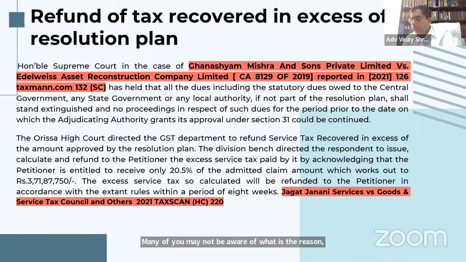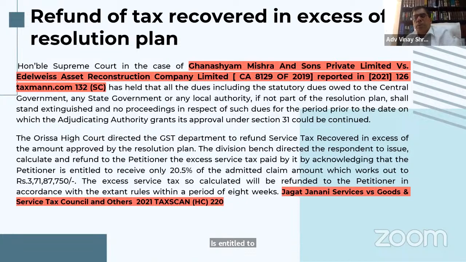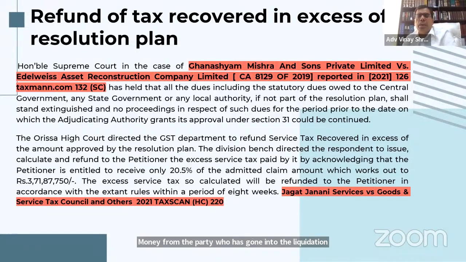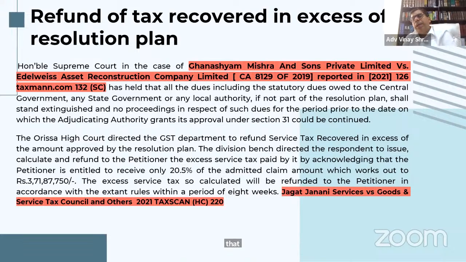Then let me tell you that once the Insolvency Act was introduced, the process is that whosoever is entitled to money from the party who has gone into the liquidation proceeding or the resolution proceeding, because in terms of the Insolvency Proceeding Act, in a time-bound manner, a resolution professional is appointed.